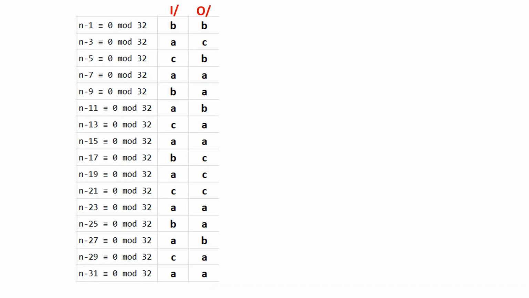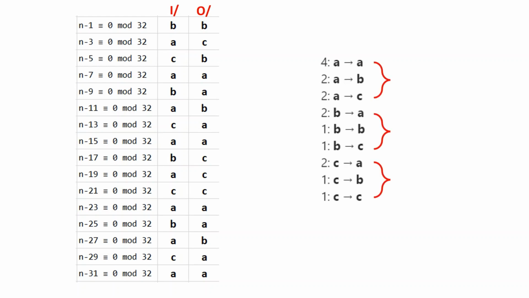Obviously, this is true for infinity, and we can show a tally for each register. It's not going to change, such that A has 3 outputs, B has 3 outputs, and C has 3 outputs. Half of them are A, a quarter are B, and a quarter are C.